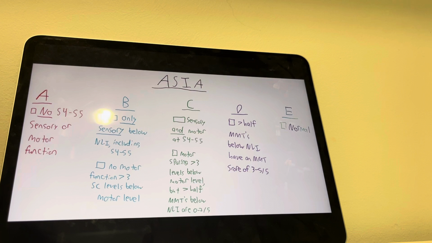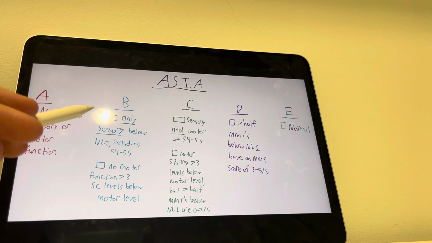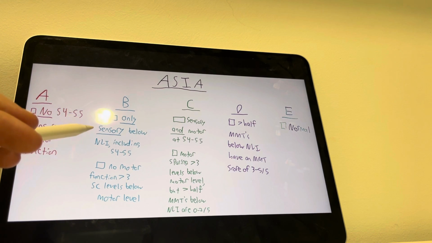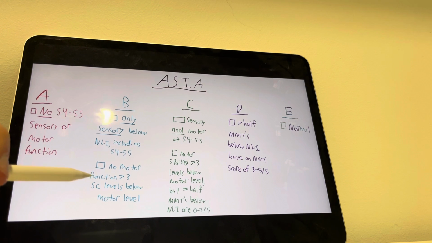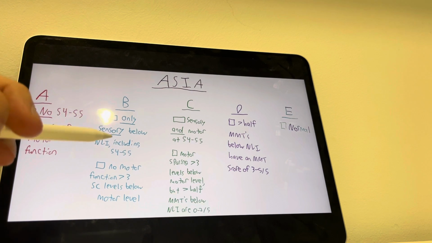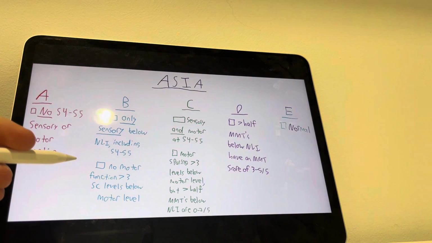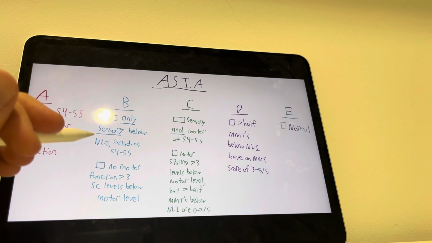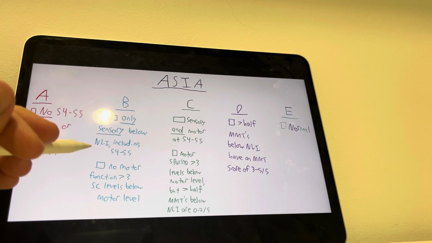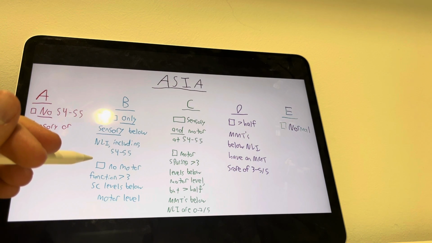Starting with A, if there is no S4, S5 sensory or motor function, then it's an A. But if there's S4, S5 only sensory function, and there's sensory function below the NLI, and there is no motor function greater than 3 spinal cord levels below the motor level, then it's an ASIA B. So if a patient has a C5 injury and they're an ASIA B, they may have some motor sparing at the C6, C7, or C8 levels, but not at T1.